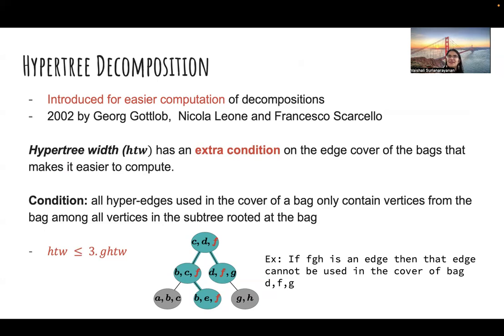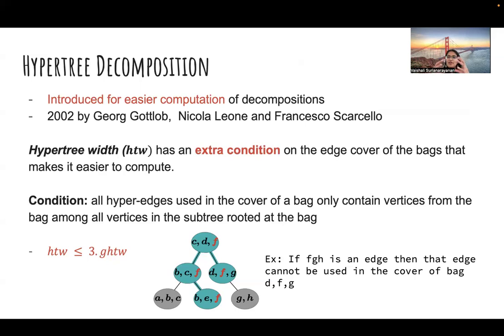It turns out that generalized hypertree width is NP-hard to compute even for constant width, and therefore this notion of hypertree width, with additional conditions, was introduced, and it turns out that it's easier to compute.